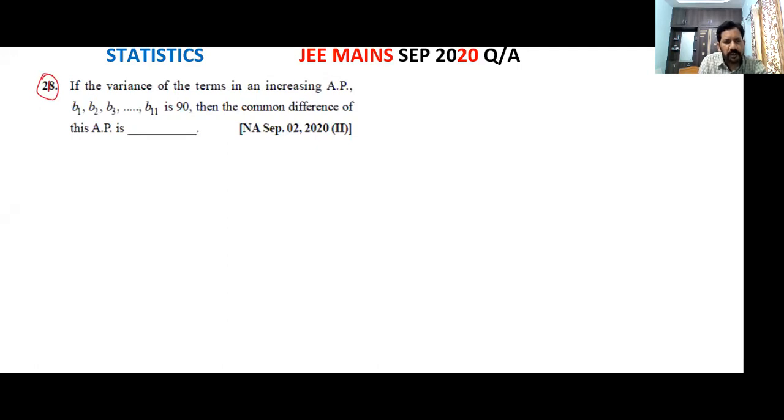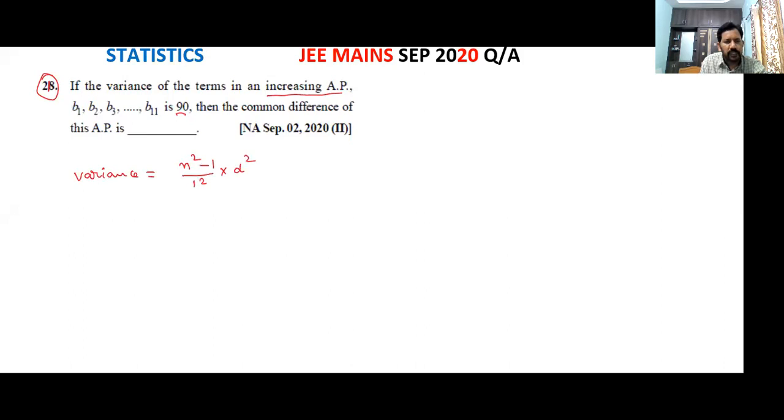If the variance of the terms in an increasing AP B1, B2, B3 up to B11 is 90, then find the common difference of this AP series. So we know the formula: variance, when the observations are increasing in AP, is equal to (n square minus 1) by 12 into d square.